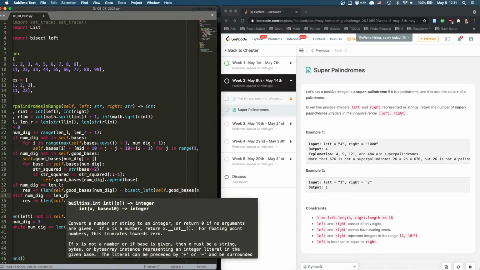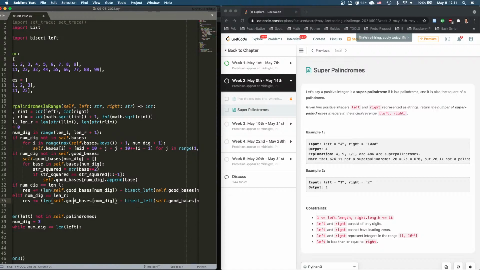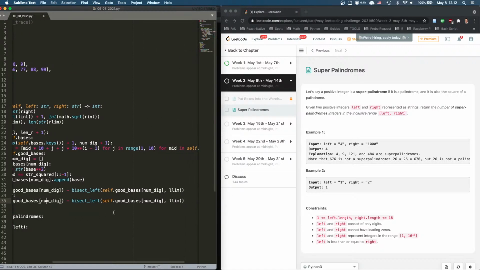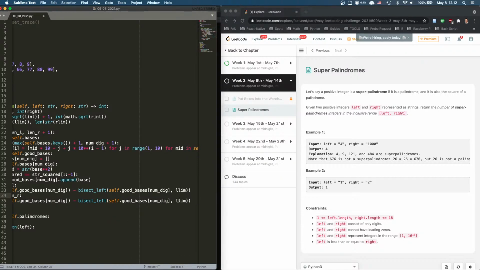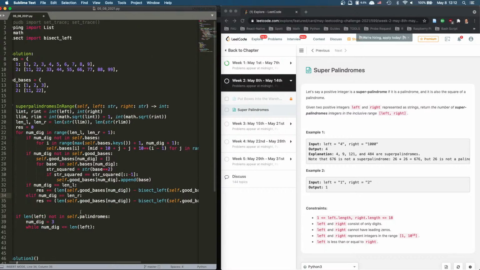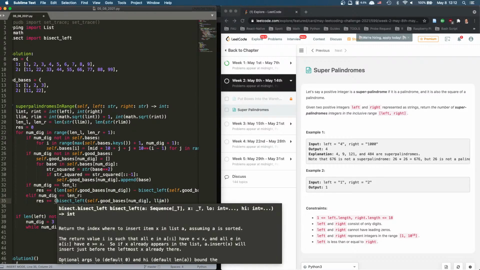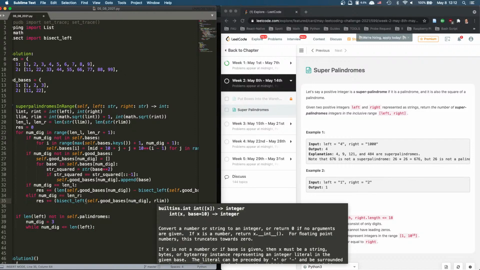Equals len right, and then minus, can be no. Then it's not, because it's going to be not minus, because the minus is taking the right side. Now we're going to take the left side, so it's going to be bisect left to the right limit, right?